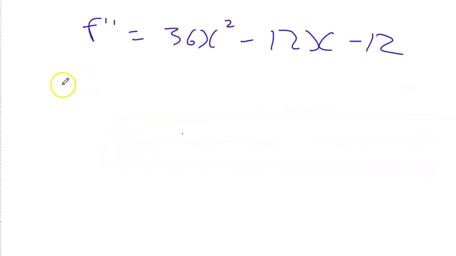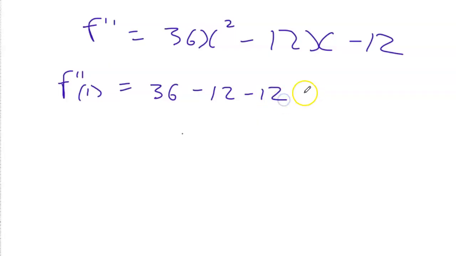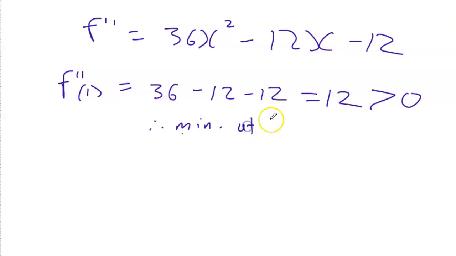Now we're going to plug in 1. If we plug 1 into the second derivative, we get 36 minus 12 minus 12, which is 36 minus 24. That's 12, which is greater than 0. Therefore, minimum point at x equals 1.